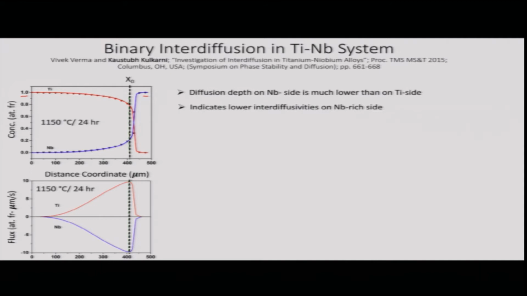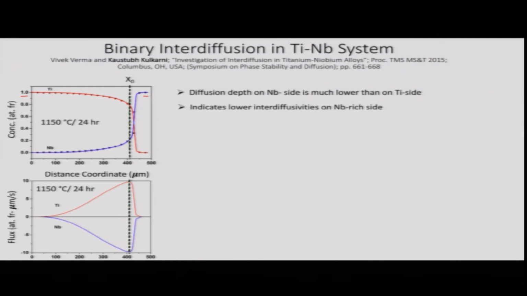On the bottom figure here, we have shown the interdiffusion flux profiles. The red one is for titanium, the blue one is for niobium. These interdiffusion flux profiles were estimated based on Dayananda's analysis that I discussed a couple of classes back.